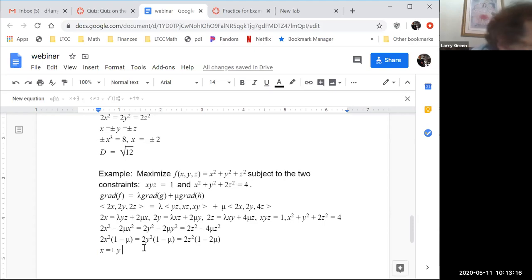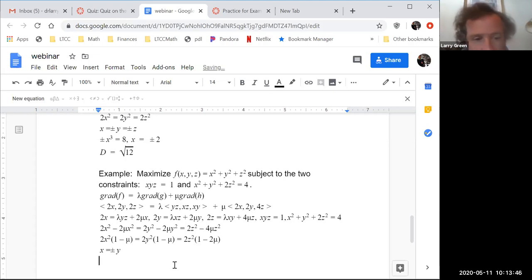Okay. And did I make a mistake? I might have made a mistake in the original writing of the question. But then we've got to do more. What else can we do for the second equality?